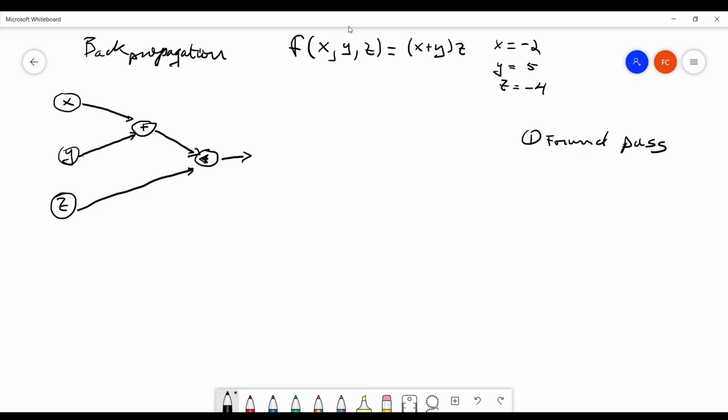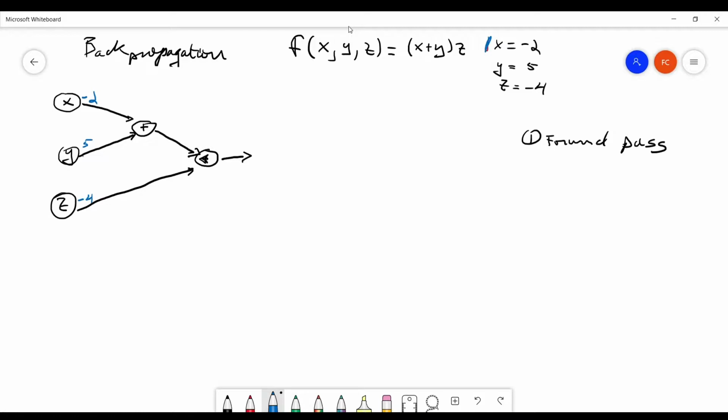I'm going to write the forward pass up here on top of the arrows, and the backpropagated component here at the bottom. Our x value from the problem, I'll write it in blue, is -2. We know y is equal to 5 here, and z is equal to -4.